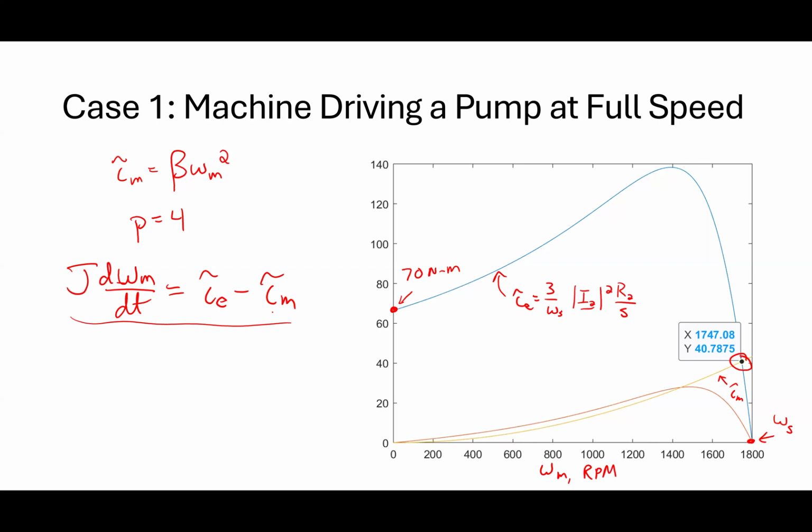Torque electrical 70 Newton meters, this guy's 0. If I were to do a simulation and look at this over time, torque electrical and torque mechanical would basically go like this. And what I would actually see is the speed would be increasing, increasing, and then it would start to increase faster as torque mechanical got bigger. And then eventually it would reach a happy point over here where it would operate in steady state.